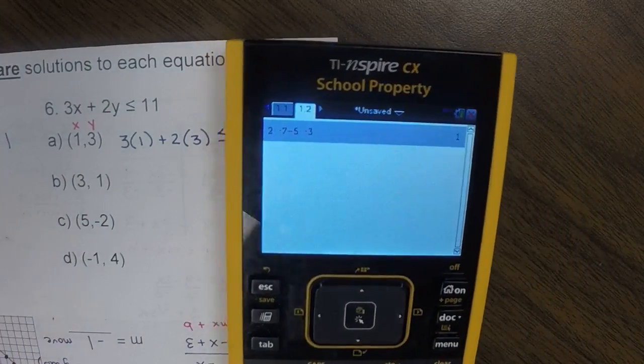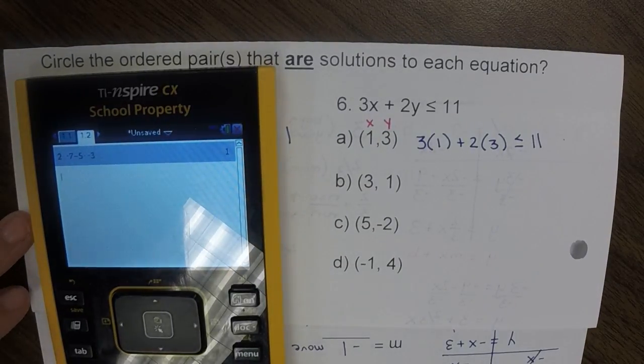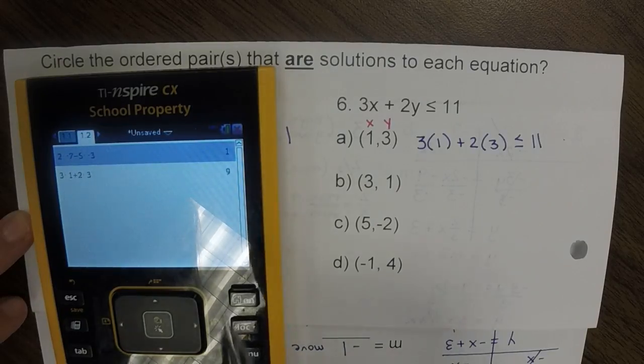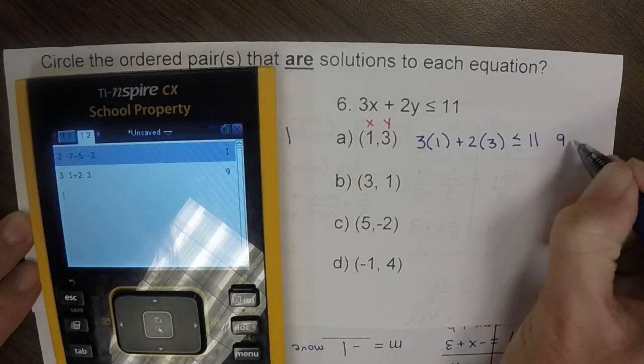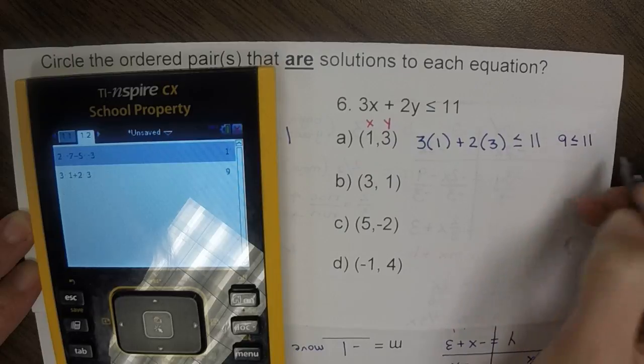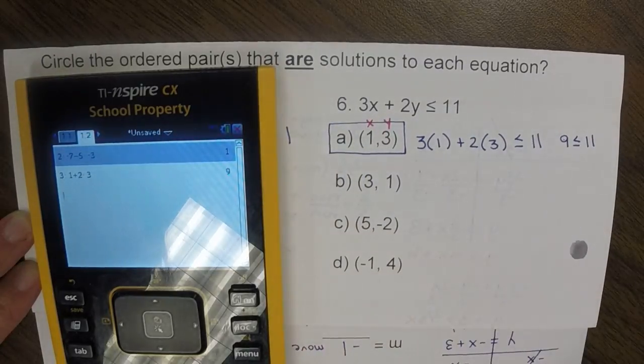So if I type this in, I guess I'll move it to this side here, then we would say 3 parentheses 1 plus 2 parentheses 3 and press enter, and it comes out to 9. Well, is 9 less than or equal to 11? Yes, it is. So this would be one of the solutions.